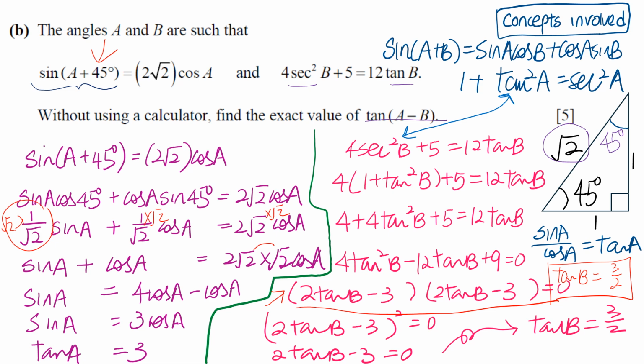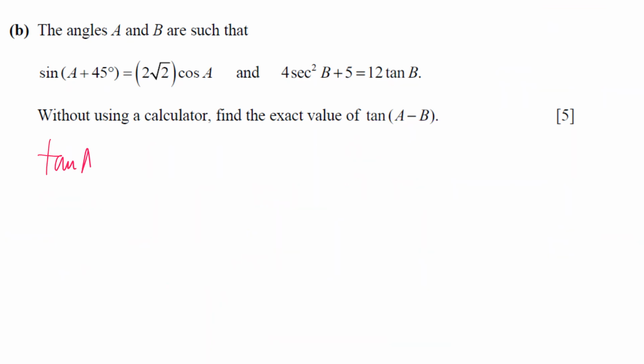All right, so with these two values, we can now substitute into tangent bracket A minus B. So from the earlier part, we found tangent A to be equal to 3, tangent B is equal to 3 over 2. Right, so if you have remembered your formula correctly, you will know that you need to apply the formula to expand this.